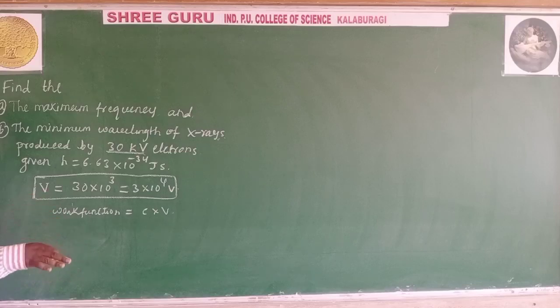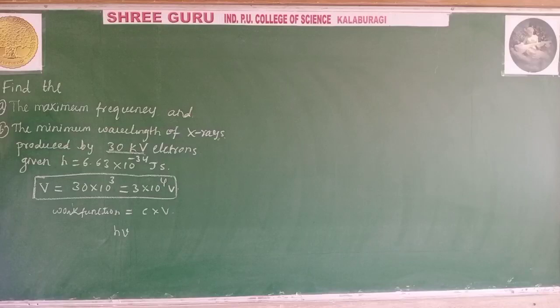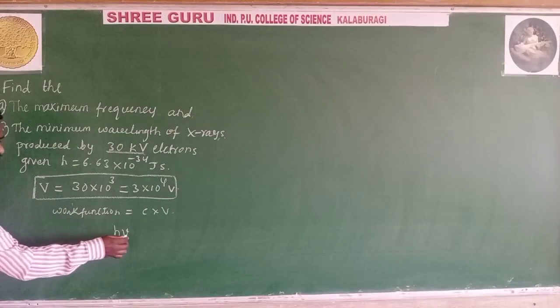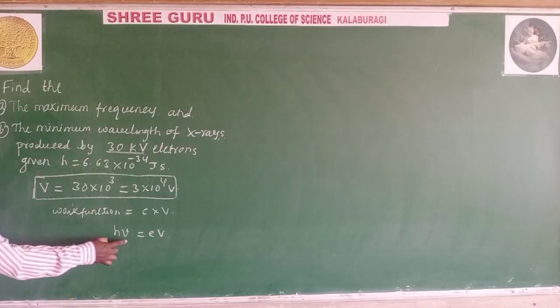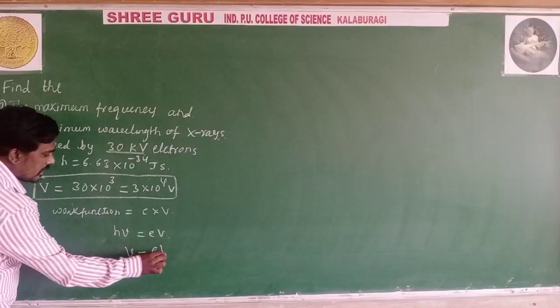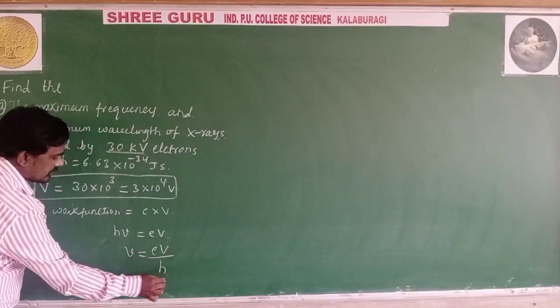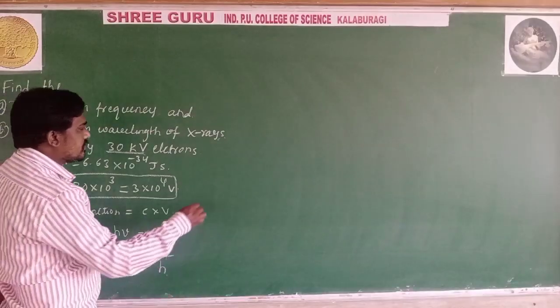If we are considering that much energy is given, that much energy is utilized as work function, and the energy given is h nu. This is our energy given. Work is nothing but energy, so h nu is equal to EV. We want frequency, so nu is equal to EV by h. Now substitute the values.